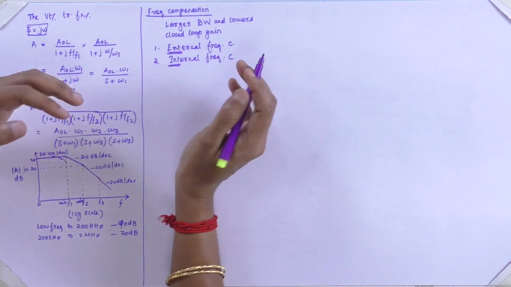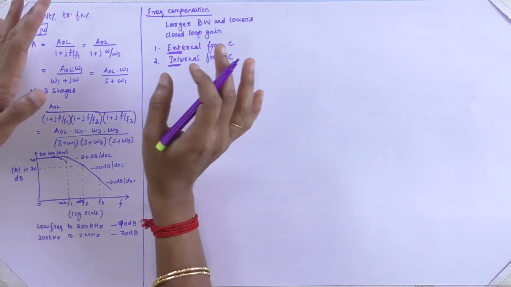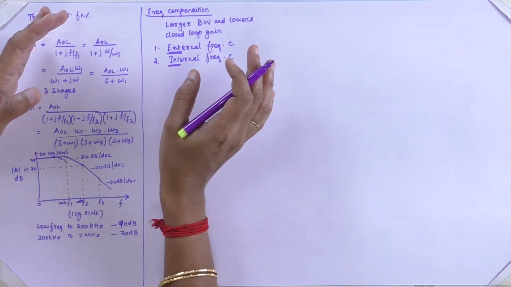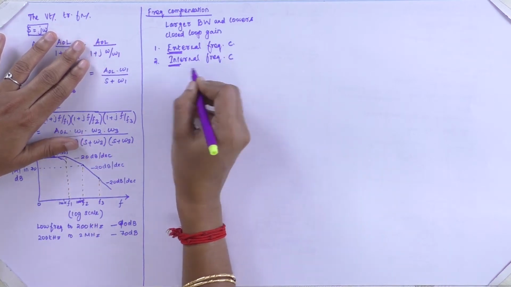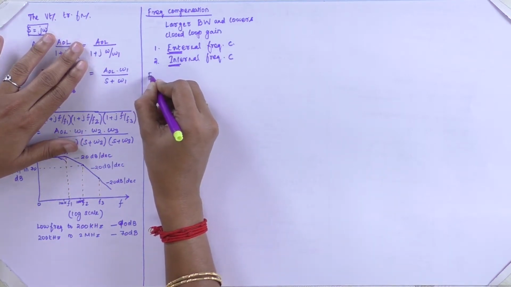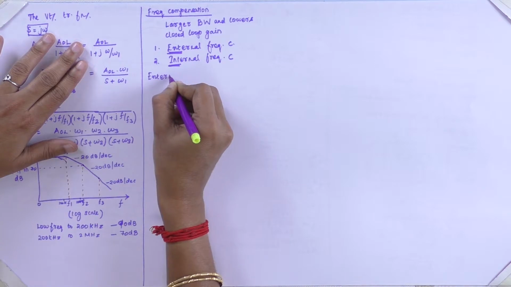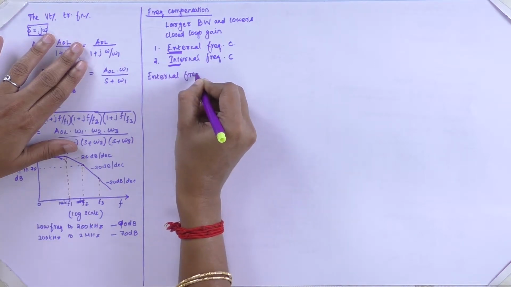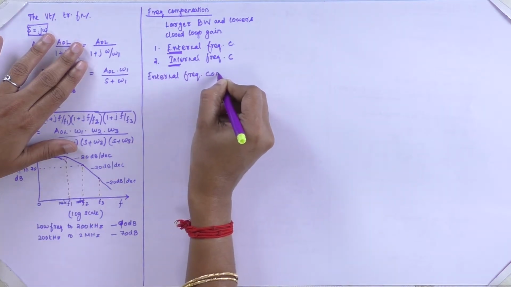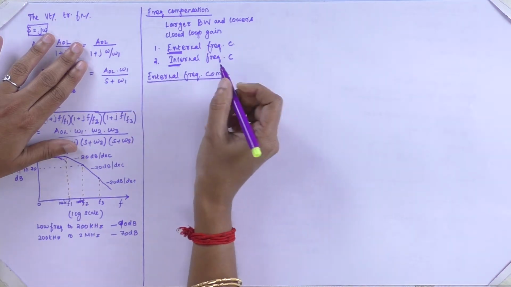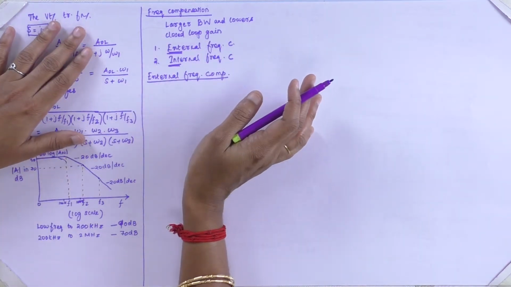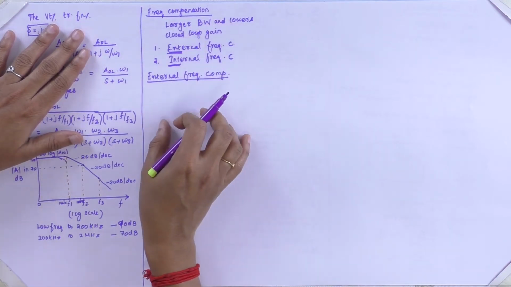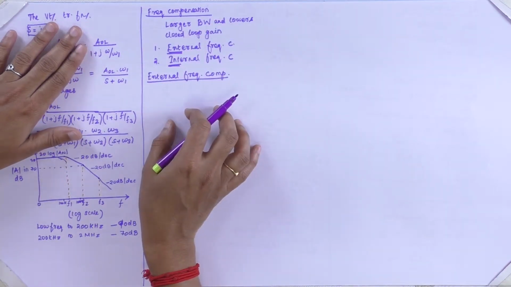Internal defines an inbuilt frequency compensation in the op-amp amplifier. Okay. So first we are going to discuss the external frequency compensation. The ultimate aim of this frequency compensation technique is to make a larger bandwidth by lowering the closed loop voltage gain. The same concept is applied to the external frequency compensation.